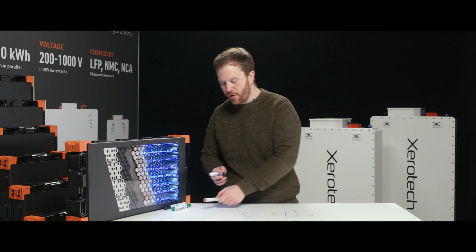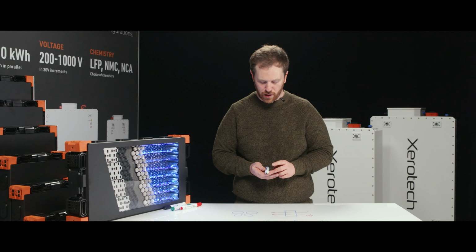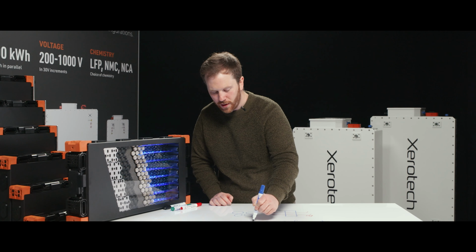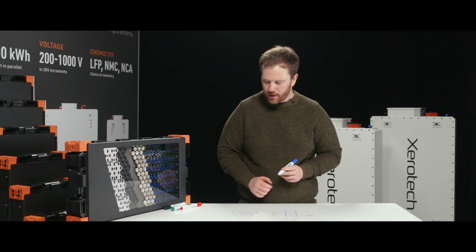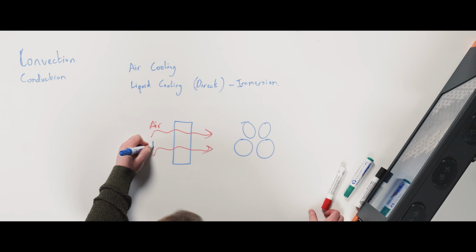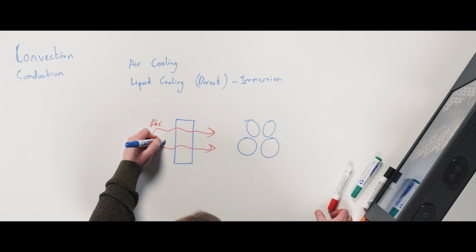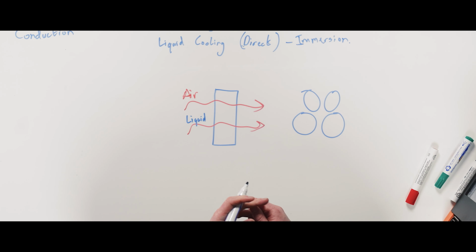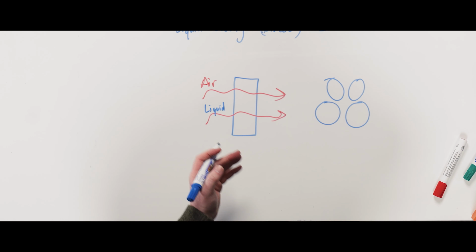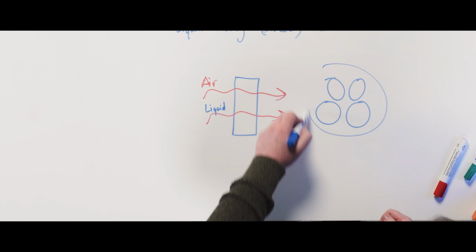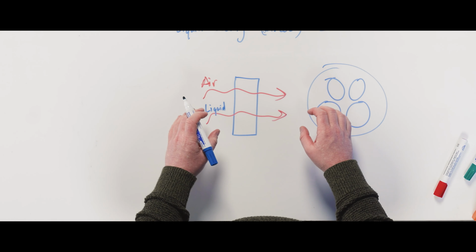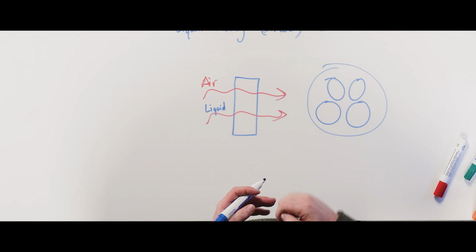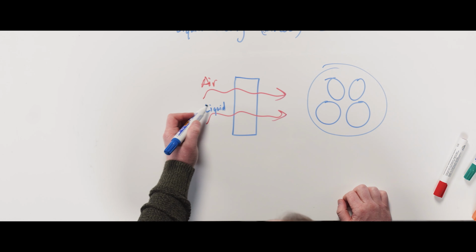There are methods of using direct liquid cooling, and this is sometimes called immersion cooling in the battery industry. What this is, instead of running air over the pack, you're running liquid directly over the cells in direct contact in some cases, by either flooding the whole pack or having small cooling jackets around the cells that then flow the dielectrics directly across them. This is a lot better.